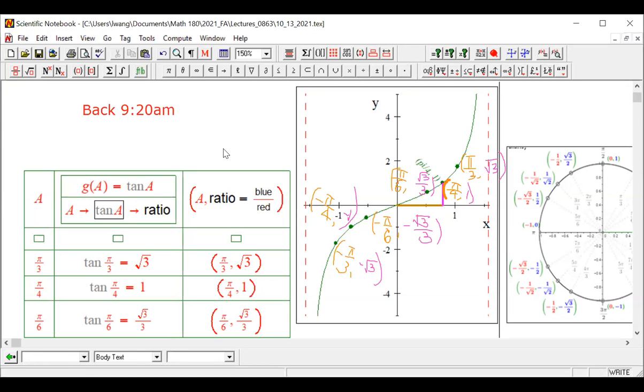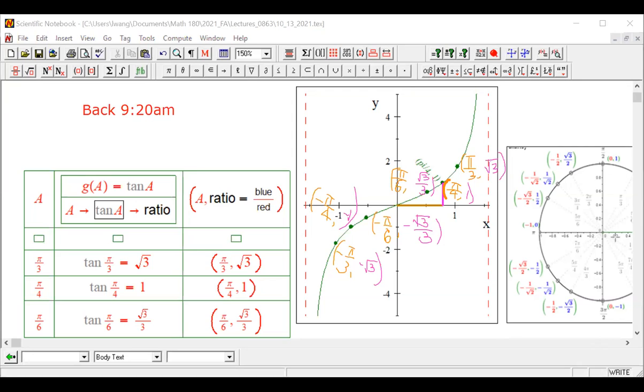Remember, for arc sine and arc cosine, we all have a no-fly zone. Which one would this be?